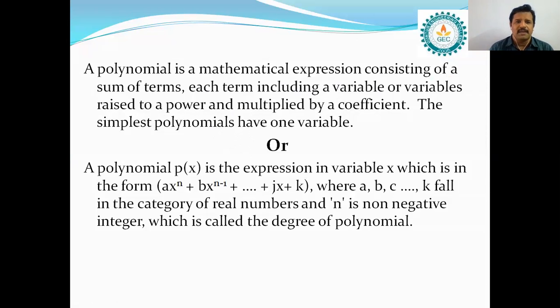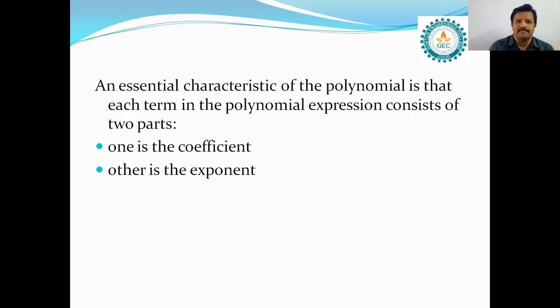Another definition: a polynomial represented as p of x is an expression in variable x, which is in the form of ax power n plus bx power n minus 1 and so on plus jx plus k, where a, b, c, and so on up to k are real numbers, and n is a non-negative integer, which is called the degree of the polynomial. Right? This is the definition of a polynomial expression.